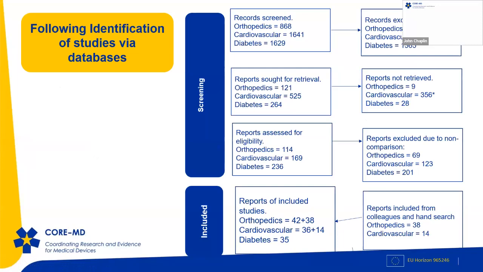The screening, as you can see from the beginning, we had a vast number of studies that we were able to identify, but through the screening process, both at the abstract and the full text level, we were able to reduce this down to a reasonable number of studies that we could examine, and then we had the additional studies from our other searches and from colleagues, making in total 80 studies that we looked at in orthopedics, 50 in cardiovascular, 35 in diabetes.